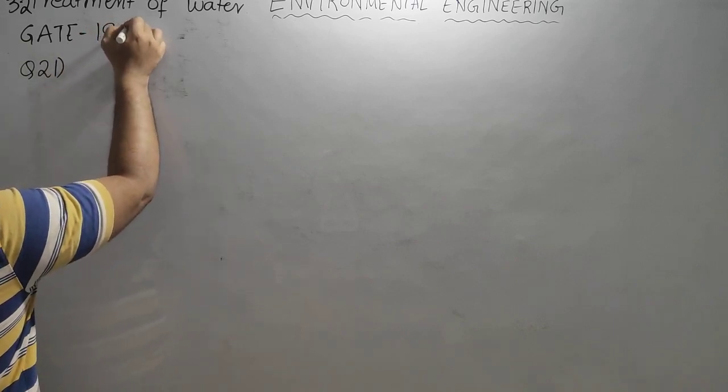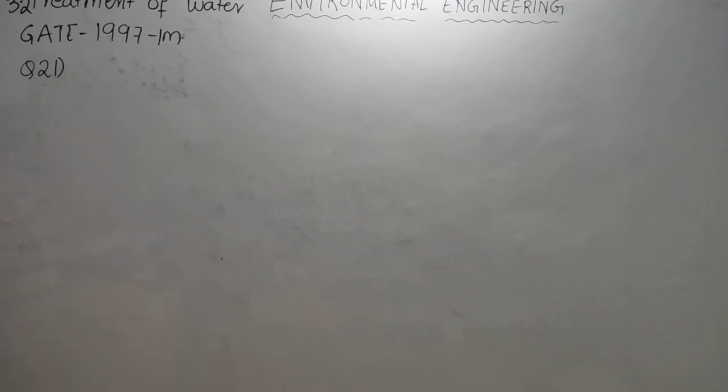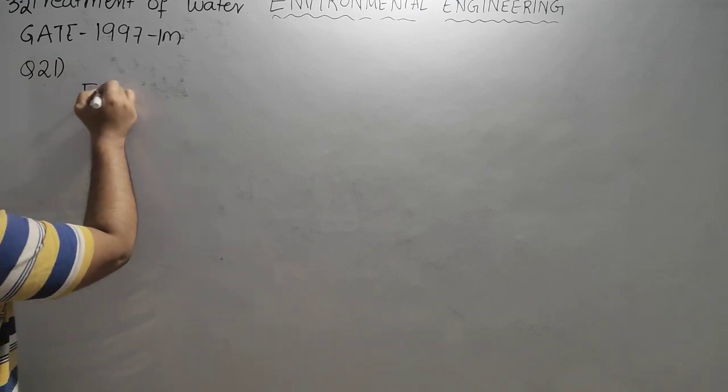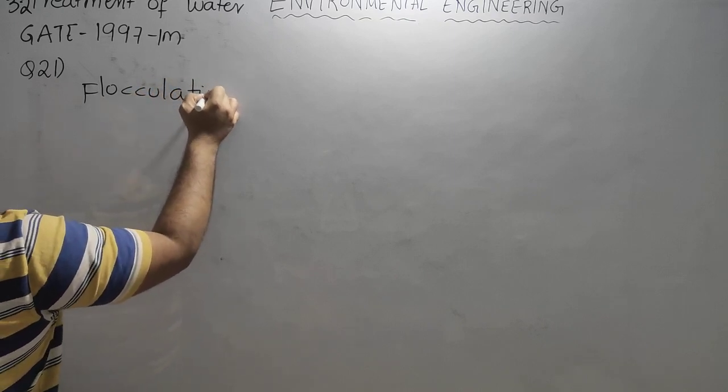What is the question? Flocculation is a process that removes algae from stabilization pond effluent. That is option A. So what is meant by flocculation? Let us first define it from our side.